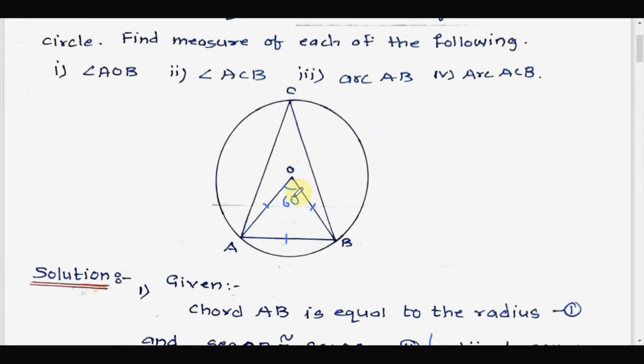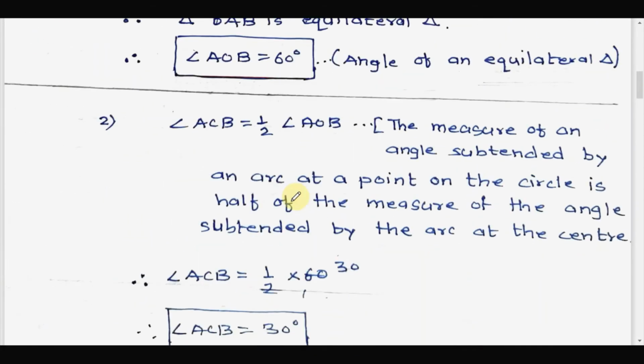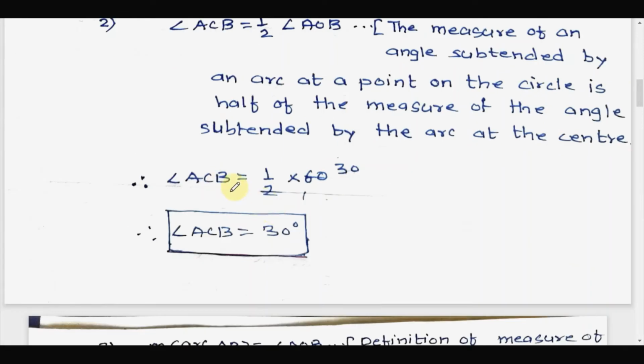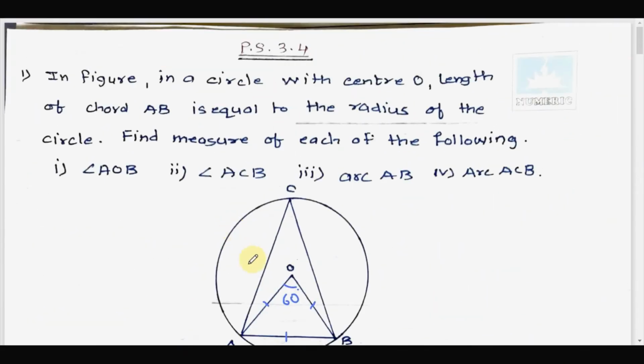Half of 60 is 30 degrees. So ACB is equal to half of 60, which is equal to 30 degrees. So angle ACB is equal to 30 degrees. Clear? I'll write it here, 30 degrees. So this is the second answer.